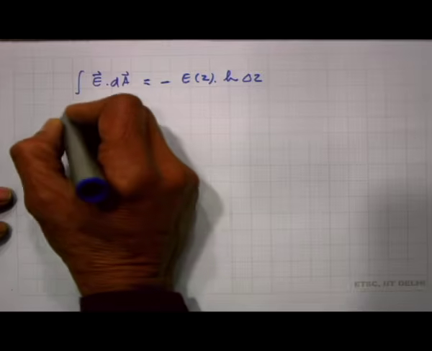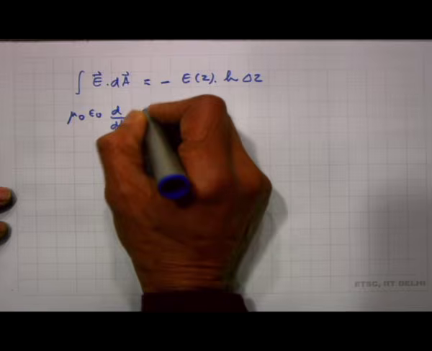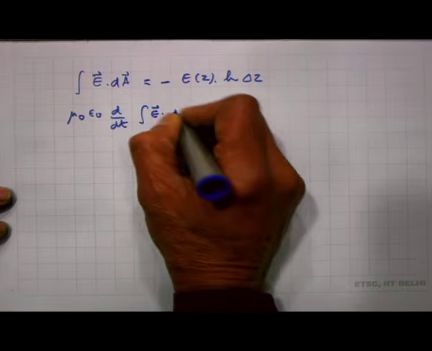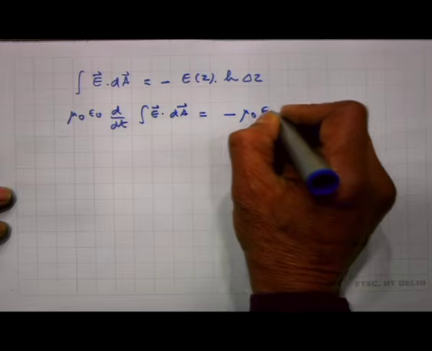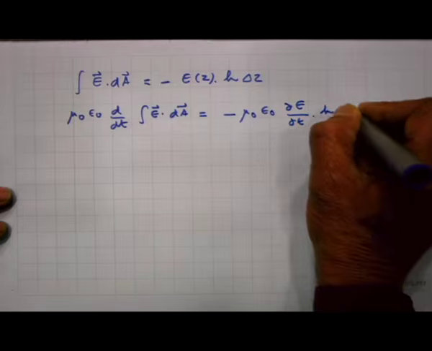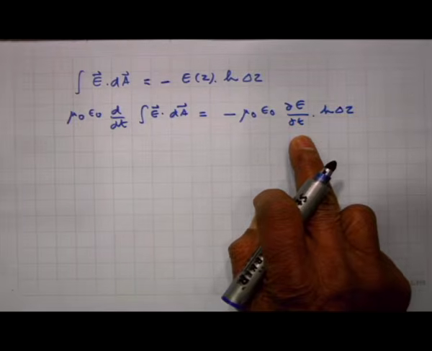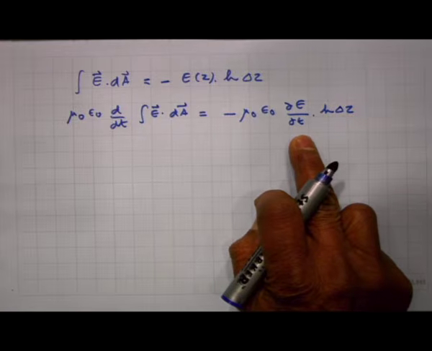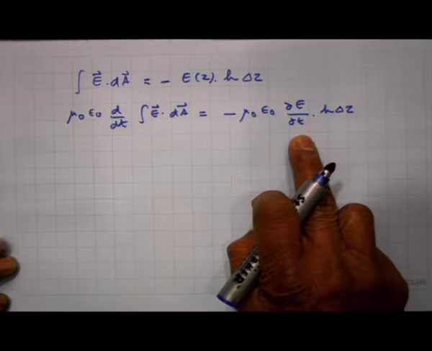So, mu naught epsilon naught d by dt of integral E dot dA will be equal to minus mu naught epsilon naught del E by del t into h delta z. Again I am writing a partial derivative, because electric field is a function of both position z and time, and this derivative is only with respect to time.